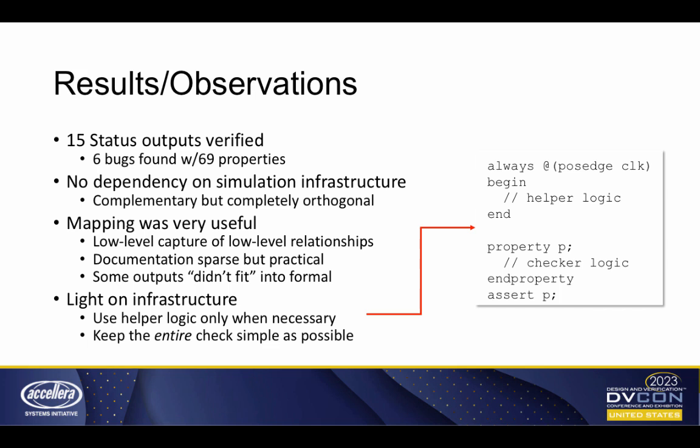I would go further than that to say try not to use helper logic as much as you can, because for me, the tendency to need helper logic meant that I was building properties or checkers that were getting to be a little bit too complicated, and it was a sign that I needed to simplify. So instead of a guideline that says keep your properties simple and use helper logic to keep them simple, I would have the recommendation of keep your checker simple, which means the property and helper logic are both minimal, or as minimal as possible.